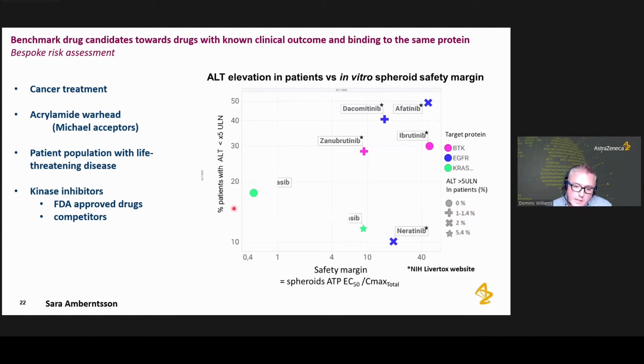In this figure, the y-axis is the percentage of patients with an ALT less than 5 times upper limit of normal, and then the shape of the point on the graph is where ALT greater than 5 times upper limit of normal in patients has been seen. And we calculate a safety margin in spheroids, which is basically the EC50 at which spheroids see cytotoxicity divided by the Cmax.